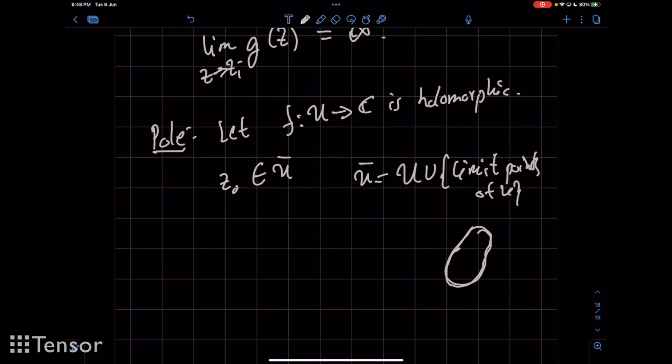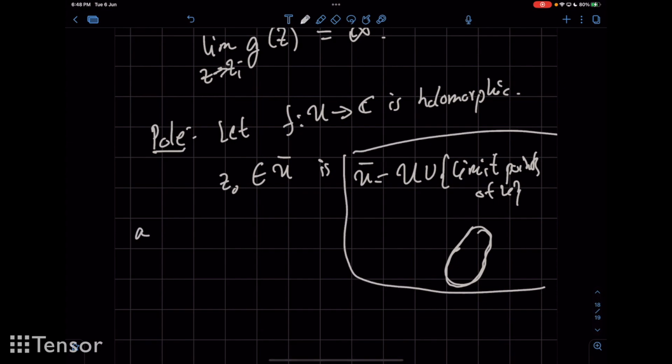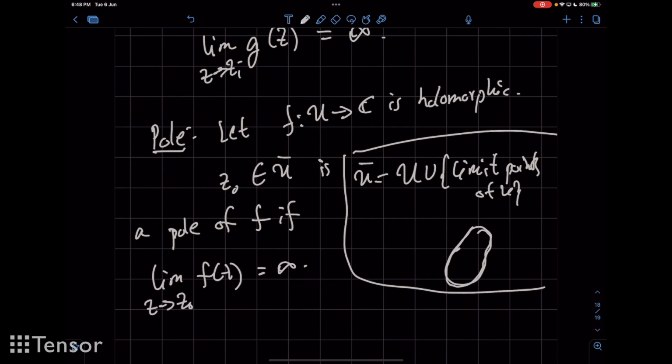A point in the closure of U is a pole of f if the limit of f of z as z goes to z naught is infinity.